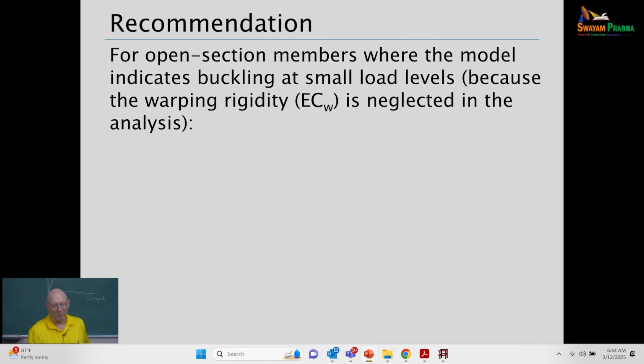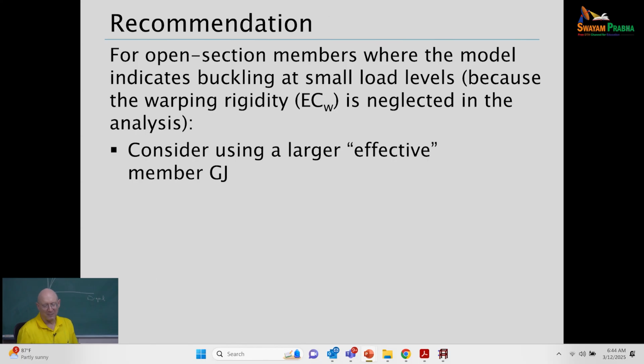And so the recommendation that relates to that, in cases like this, is that it's wise to consider using a, quote, effective member GJ that incorporates warping.